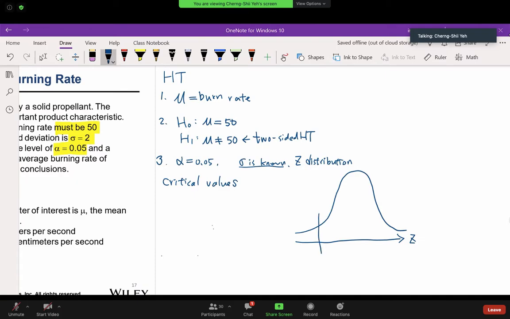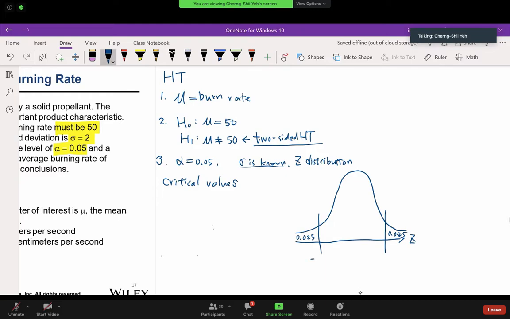Here are my two sides. How do I know it's two-sided? Because of the way we write our alternative hypothesis. How do we establish the confidence interval? Two-sided, alpha is 0.05. This part has probability of alpha over 2, 0.025. This part also has probability of 0.025.